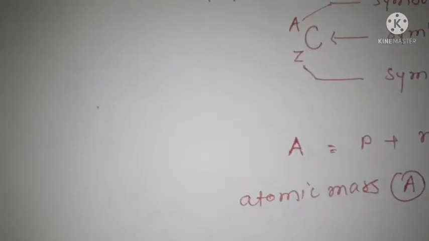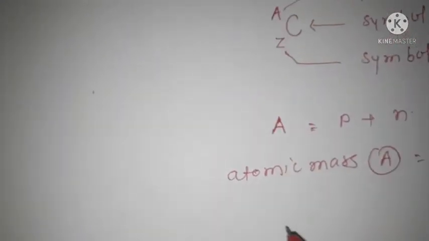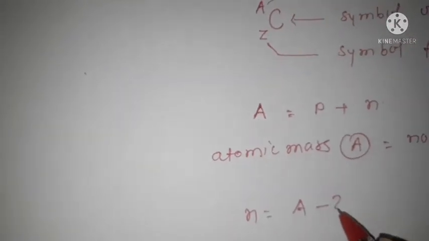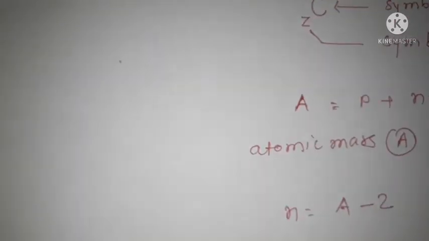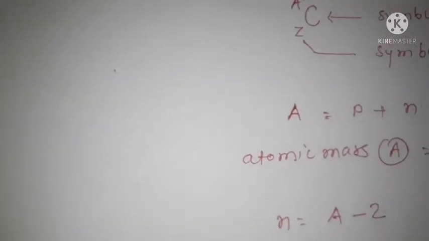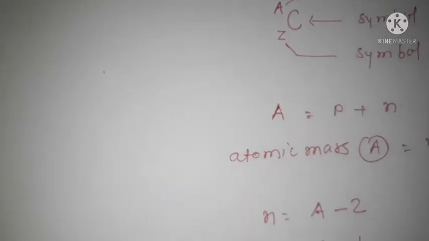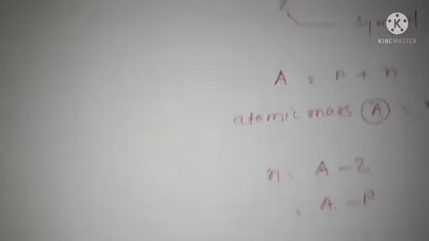We have to derive N. If we calculate N, then N is A minus Z, or you can also write it as A minus P.